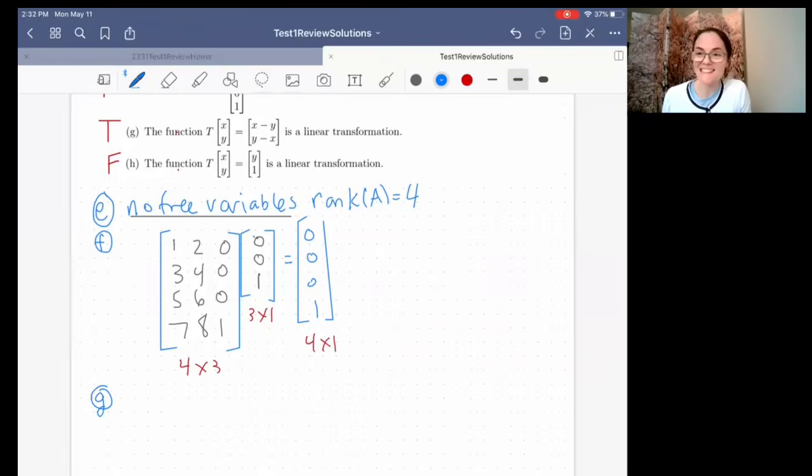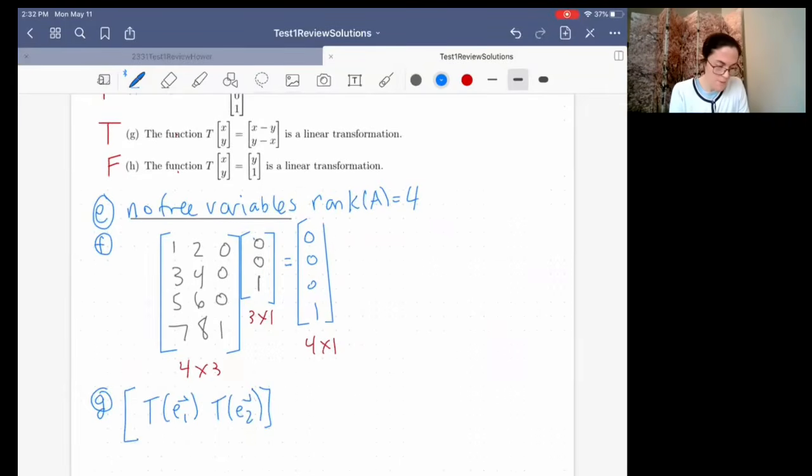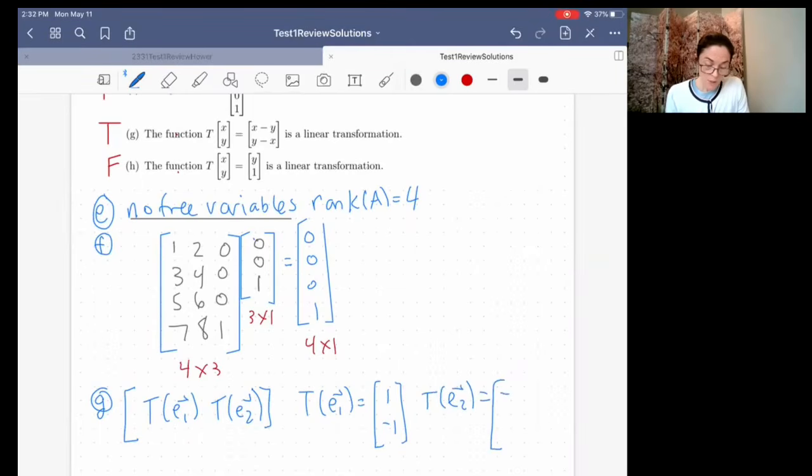Maybe here, just as an exercise, let's just show the matrix for this transformation because this is part of the topics for this exam. Anyways, to get the matrix, I know the matrix would be T of e1 and T of e2. So let's calculate those here. For this transformation, T of e1 is (1, -1), and T of e2 is (-1, 1).